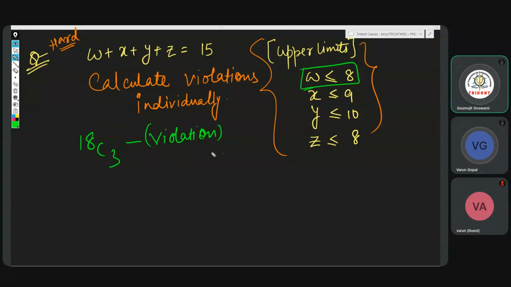If this was an arithmetic session or a geometry session, we would have said, "Sir, wait, let us try it." Yeah, that is the thing. I didn't want to be that kind of a teacher who would not teach PNC.